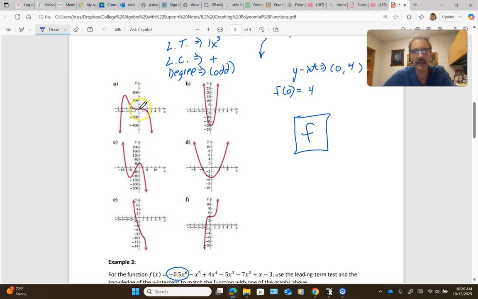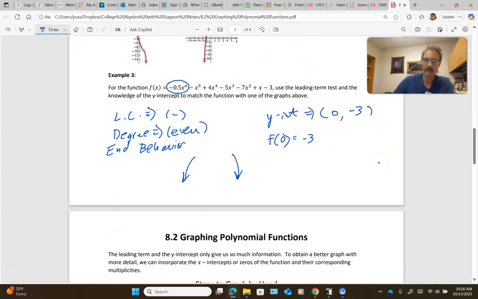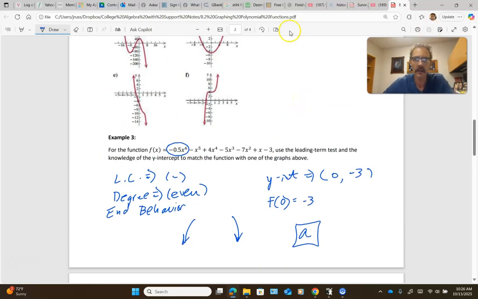Okay, so if it is in fact crossing the y-axis at negative 3, it should look like it's real close to the origin, and it in fact does. Okay, so this one's going to be choice A. And then again, you can graph these in your calculator or using Desmos if you need to.